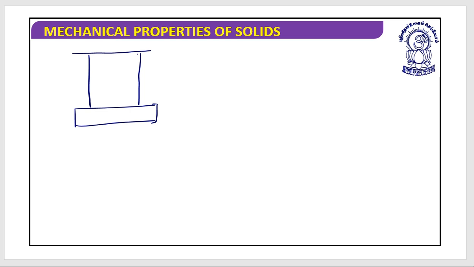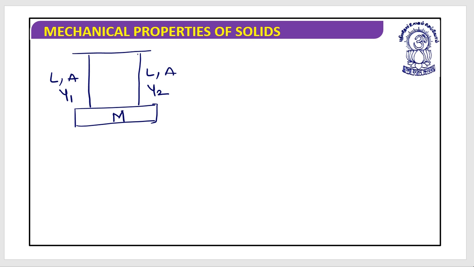These are the two wires. Suppose the length of this wire is L, cross-sectional area is A, and its Young's modulus is Y1. Another wire has length L, cross-sectional area A, and its Young's modulus is Y2.